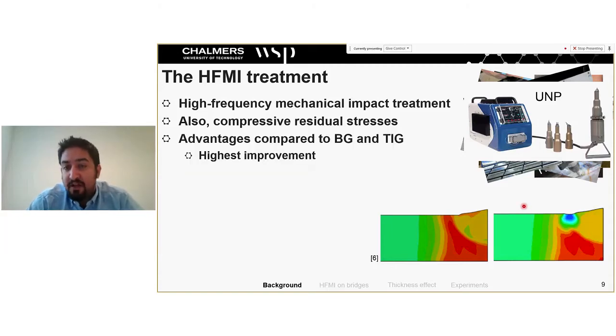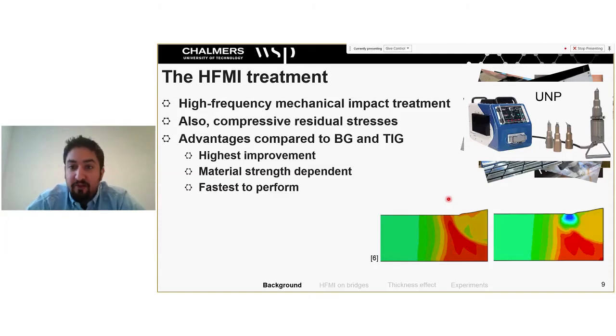The advantage compared to the other methods is that this gives the highest improvement, especially for applications such as bridge application. It is material strength dependent, so the degree of compressive residual stresses is dependent on the material strength, so we have additional benefits of using high-strength steel. And it is a very fast technique to do the treatment.